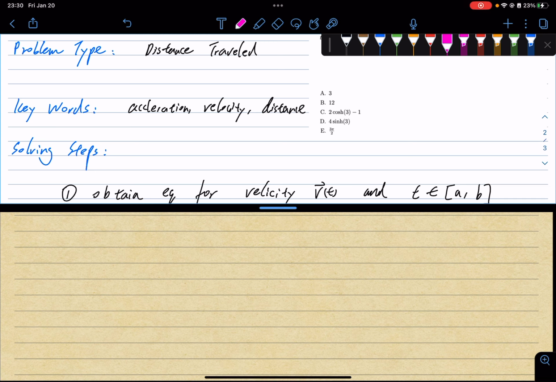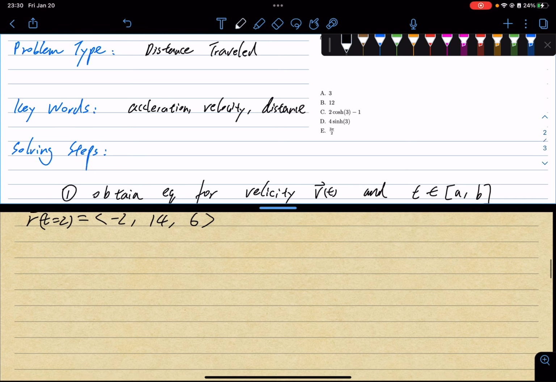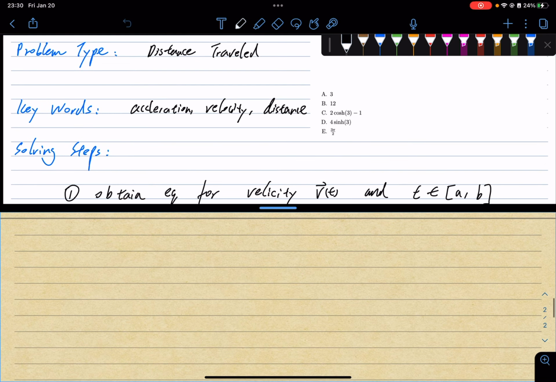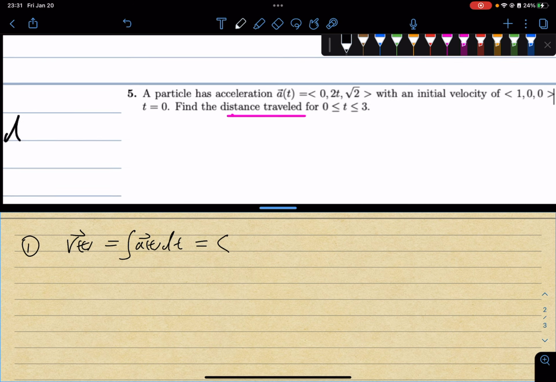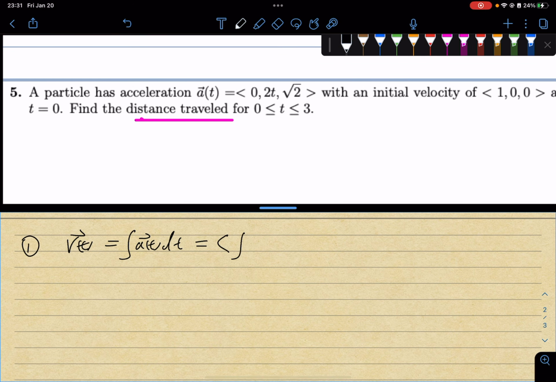Let's go ahead and obtain the velocity equation. I'm going to make this one a little bit quick for you. Step 1: v of t equals the integral of a of t dt, which equals the integral from 0 of 2t dt and the square root of 2 dt.